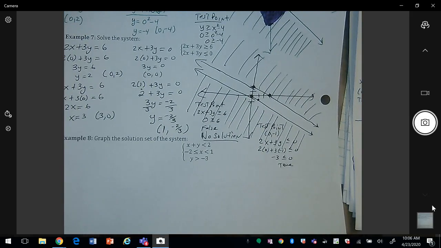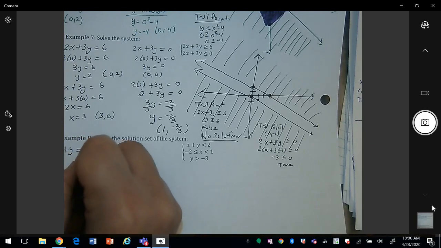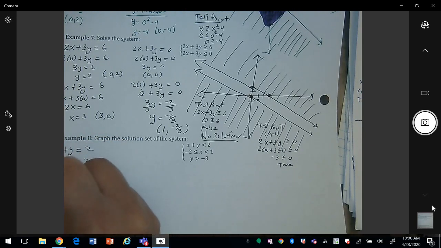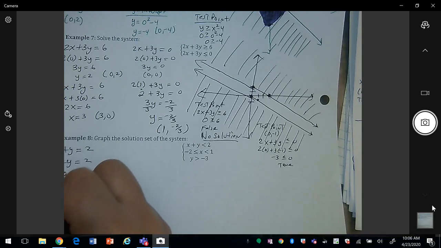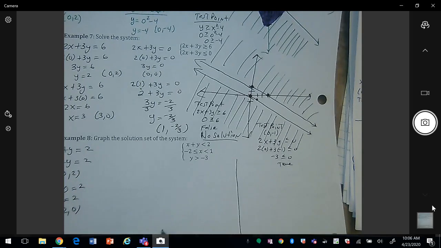The next example, we have x plus y is equal to 2. So if x is 0, then y is equal to 2. And if y is 0, then x is equal to 2. So we're going to graph this line.